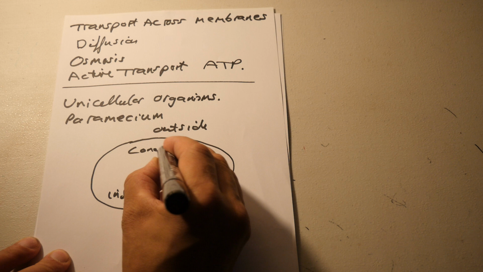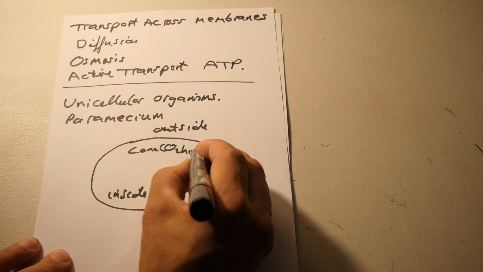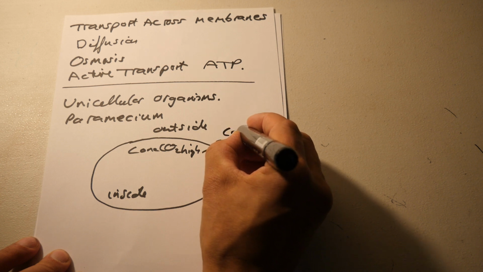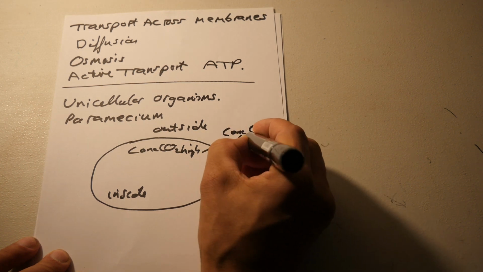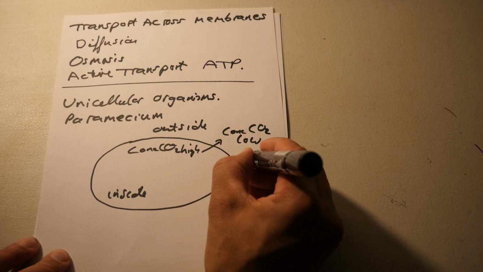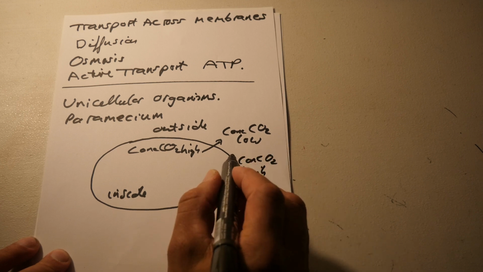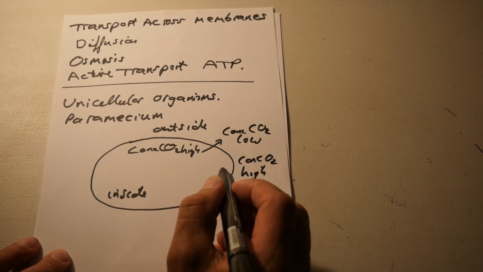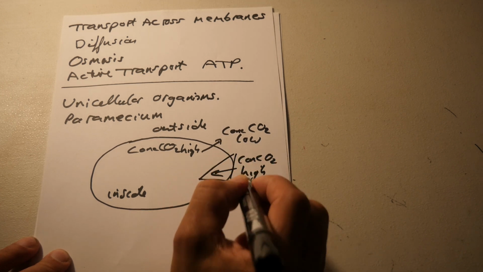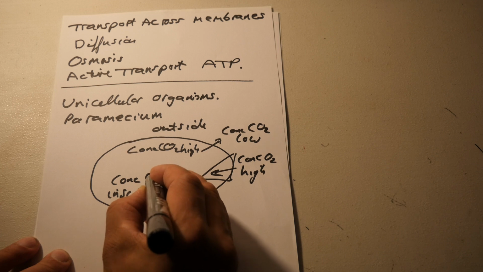The concentration of CO2 is high inside, and that goes to a concentration of CO2 low outside. The concentration of oxygen is high outside, and that goes down to a concentration of O2 low inside.